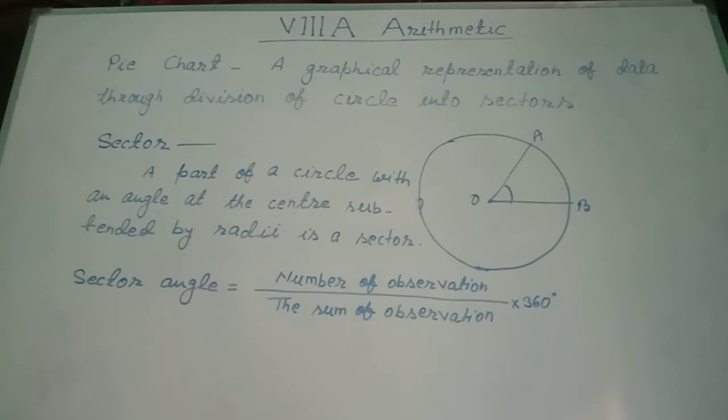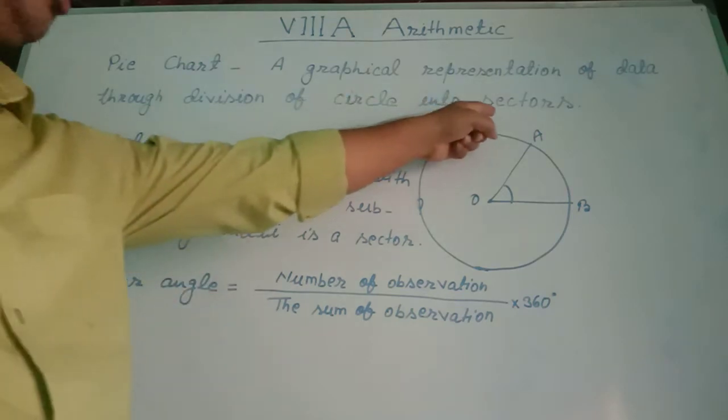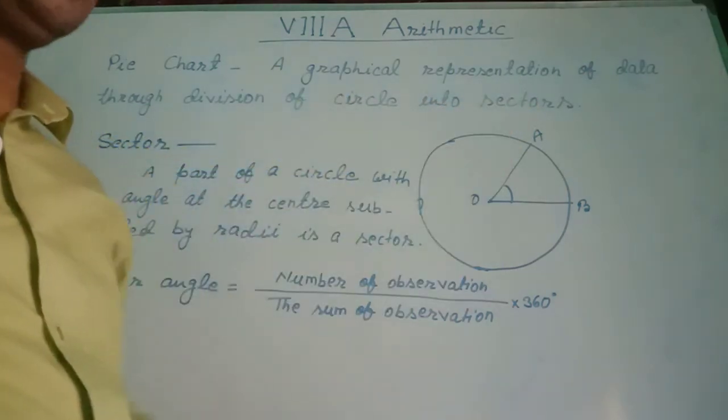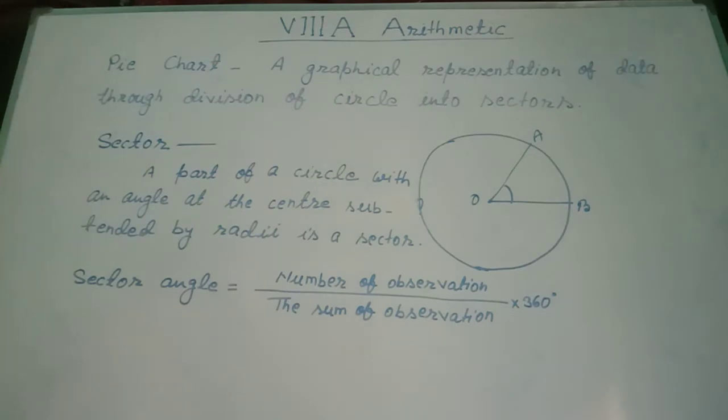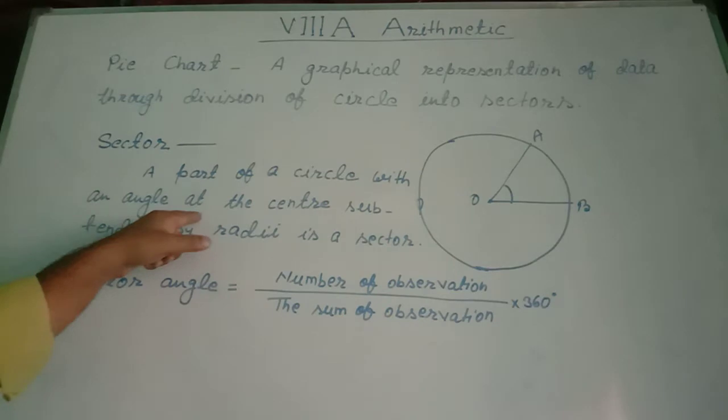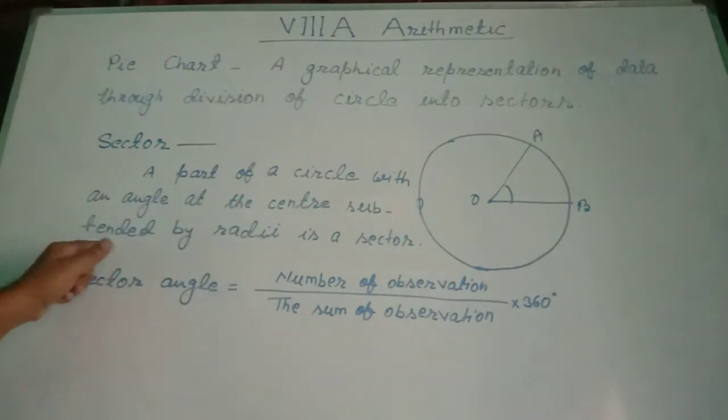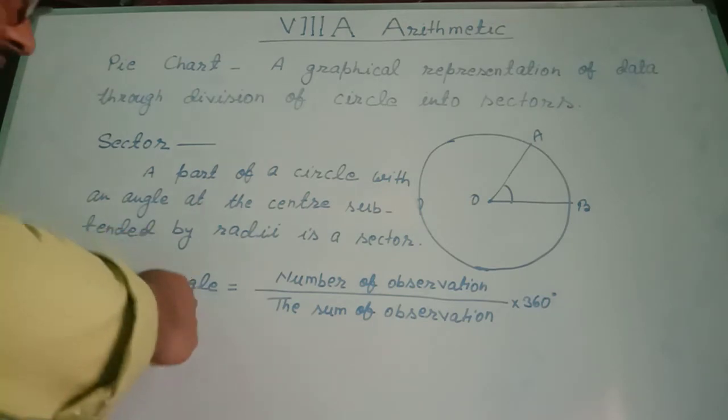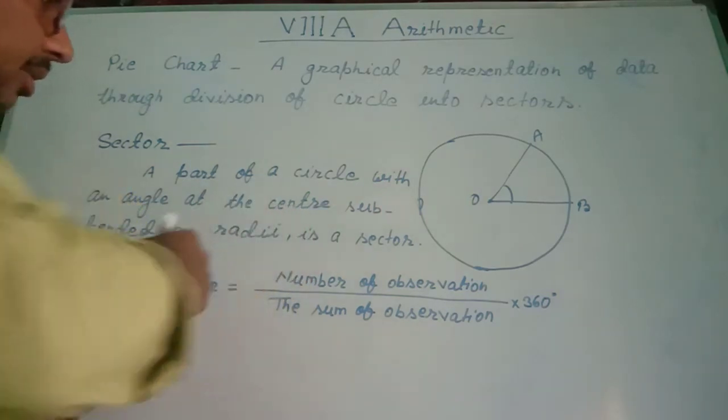In this definition, we are seeing this word sectors. What is a sector? A part of a circle with an angle at the center subtended by radii is a sector.